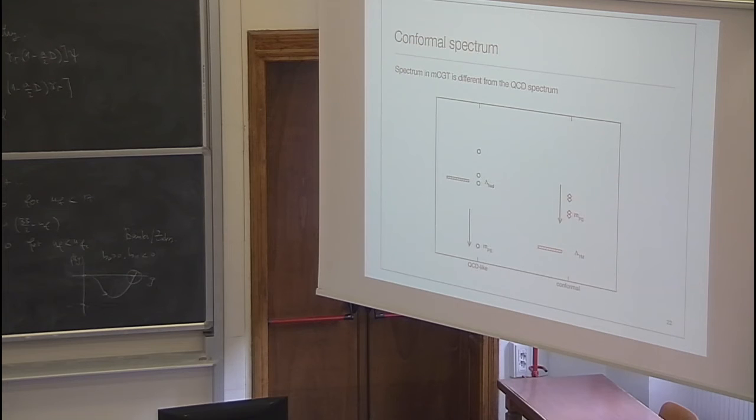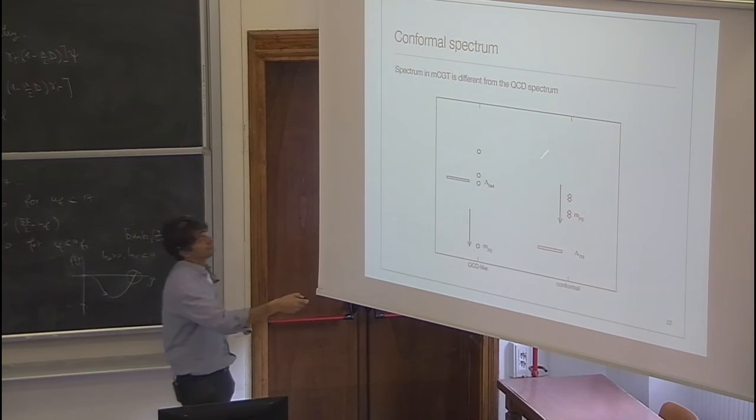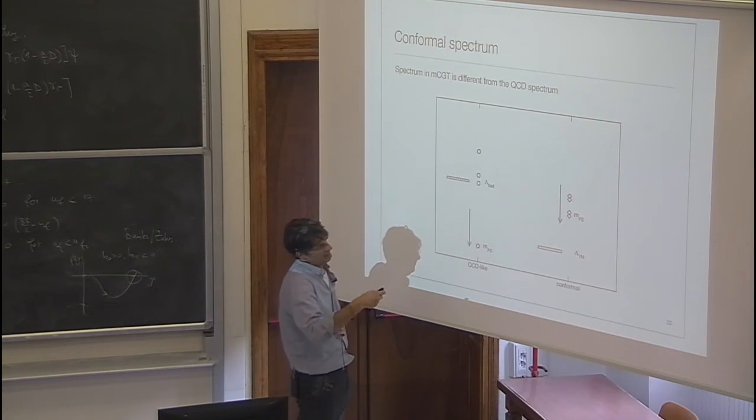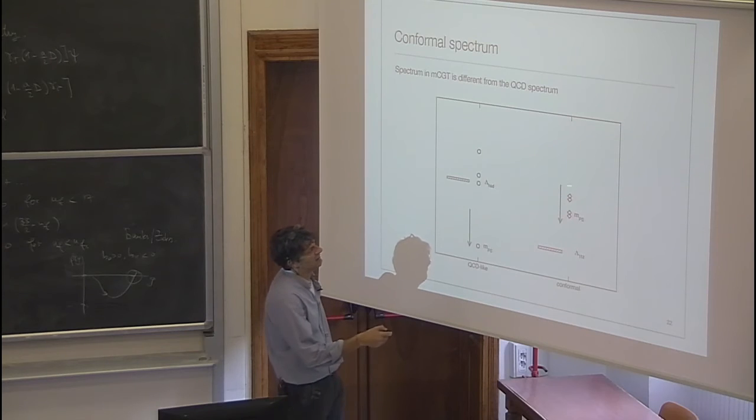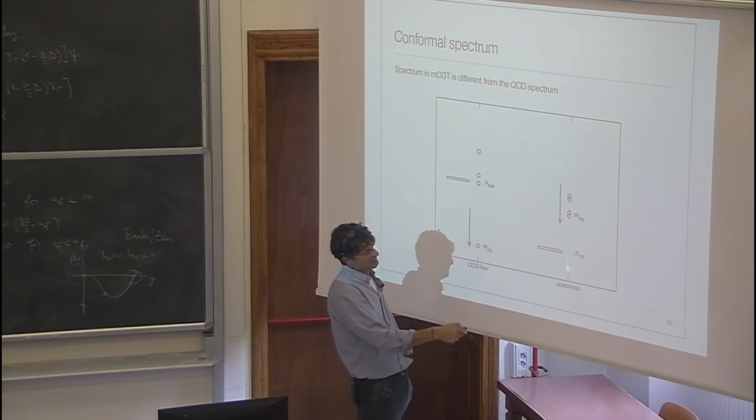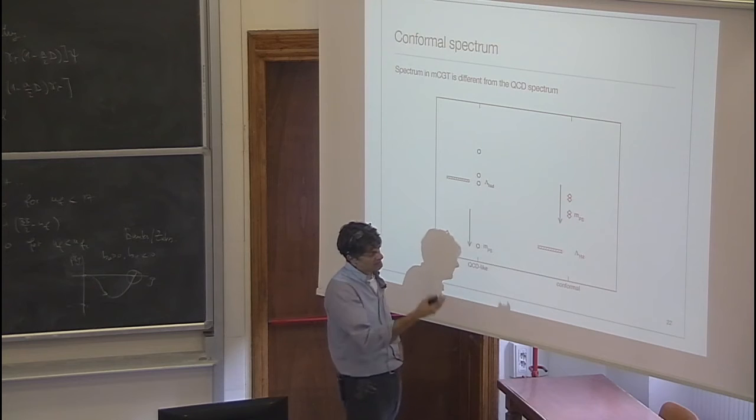And because pions interact with an interaction that is proportional to the momentum, as you go to very low energies, QCD is just a theory of free pions. In these infrared conformal theories, the entire spectrum collapses to 0.